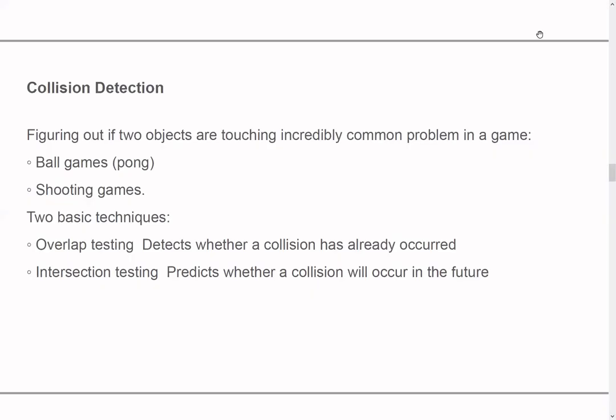So to do this, we have two basic techniques. The first one is the overlap testing technique, which detects whether a collision has already occurred or not. The other one is intersection testing, where it predicts whether a collision will occur in the future. So these are the two techniques that we have. Overlap, which checks if it has happened already, and intersection, which checks if it will happen in the future.